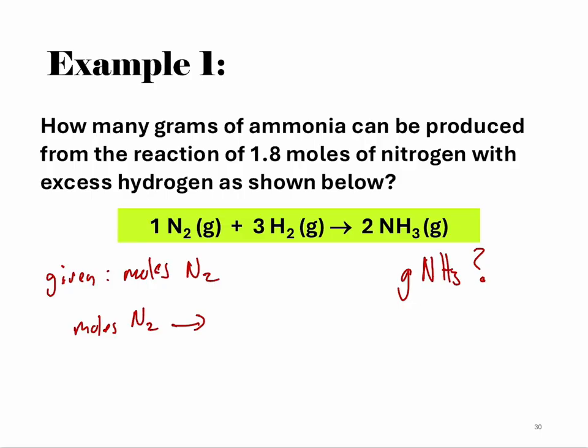But that doesn't help us, because once we get to grams of this compound, that's not related to the grams of ammonia in this case. We're already in moles, and we want to find grams of what? Ammonia, right? So first, before we get to grams of ammonia, we need to find what? Moles of ammonia, right? And we're already in moles. So we go from moles of ammonia to then grams of ammonia.